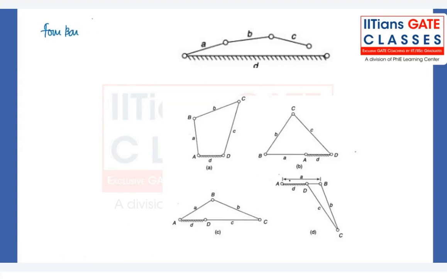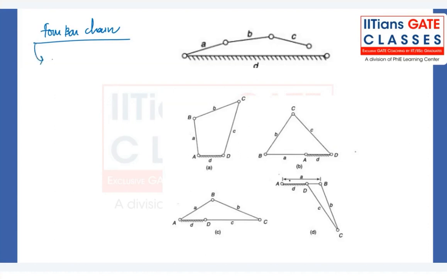Okay, it's the most fundamental plane kinematic chain, we can say, consisting of 4 rigid links connected in the form of a quadrilateral by 4 pin joints. The link which is rotating in the 4-bar chain is called a crank.